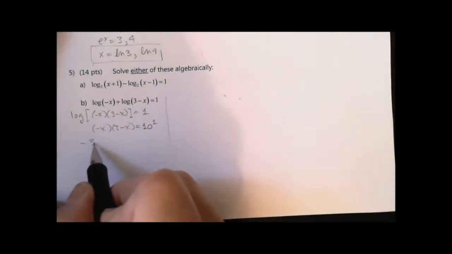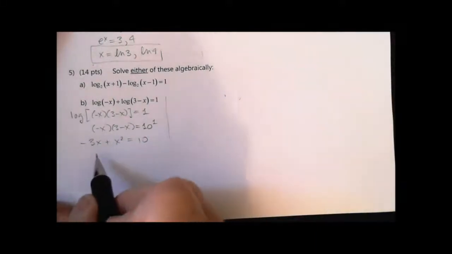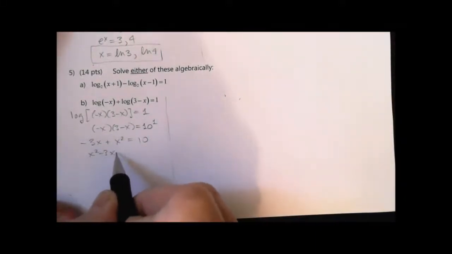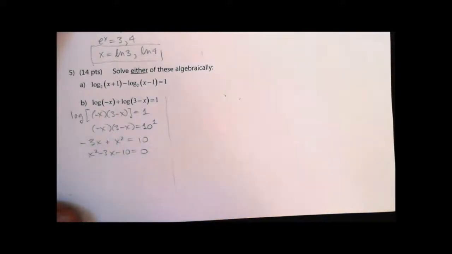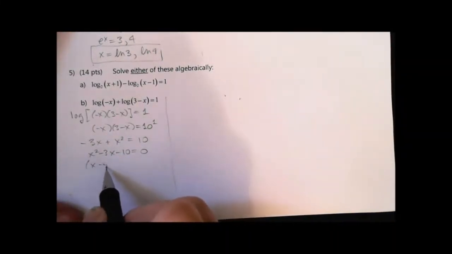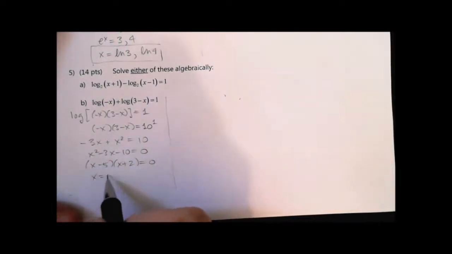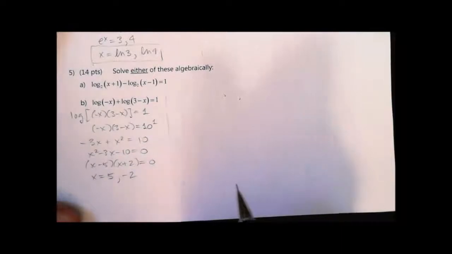And so we get minus 3x plus x squared equals 10. And in standard form, after factoring, we get x is 5 or negative 2.